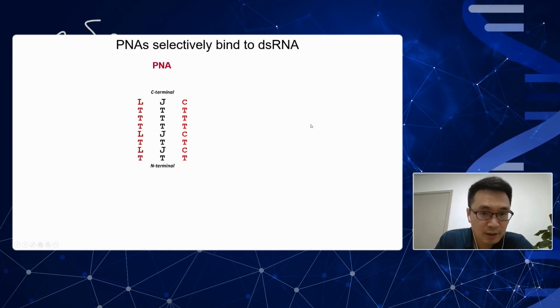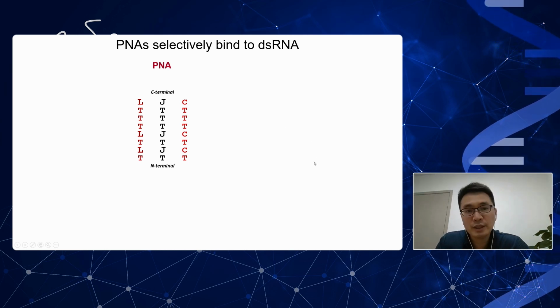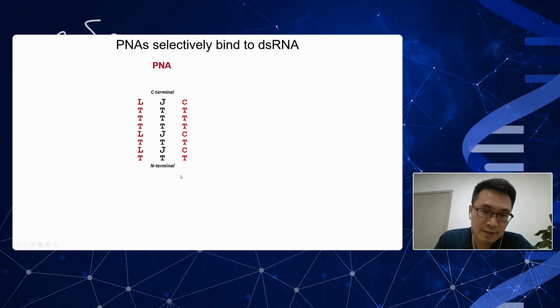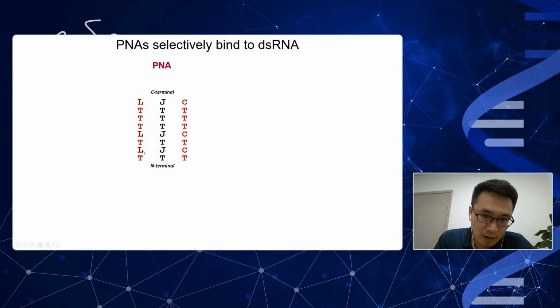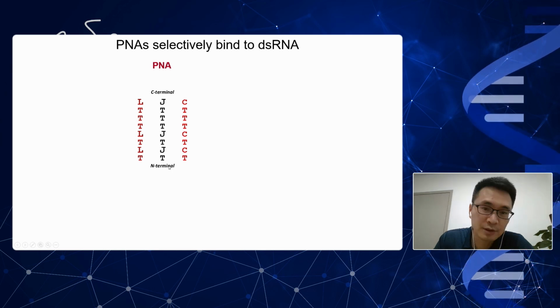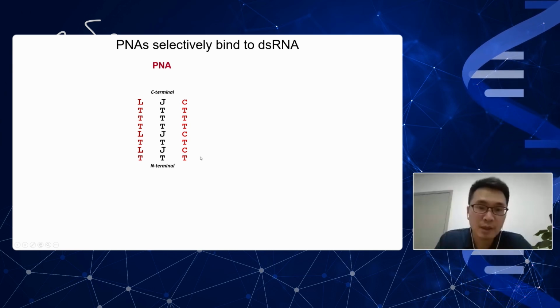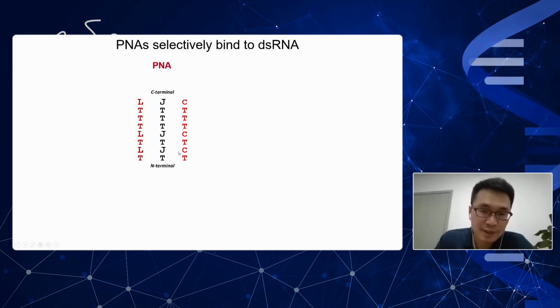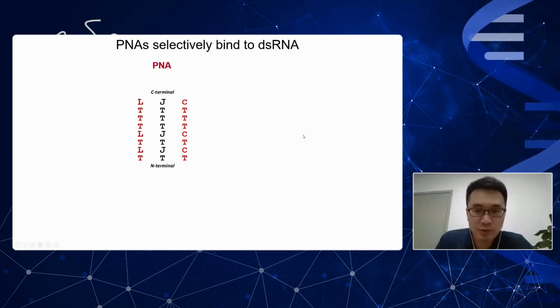Actually, we did that. First of all, we did a thermal melting experiment. We made three PNAs. The first one is the L-modified PNA, TL, TL, TTTL, the middle one is J-modified, and the last one is unmodified PNA. We want to compare the properties of C, J, and L within these three PNA strands.